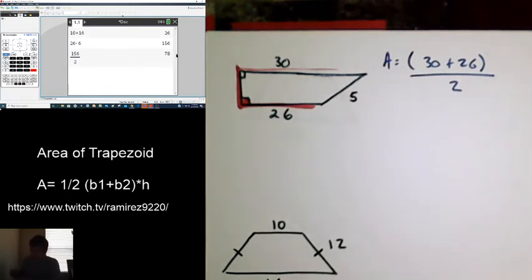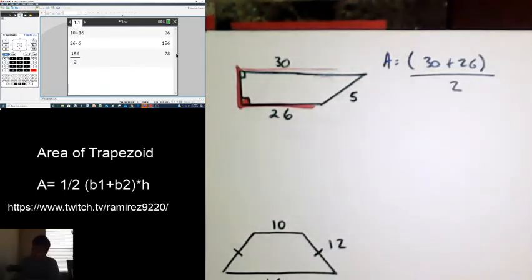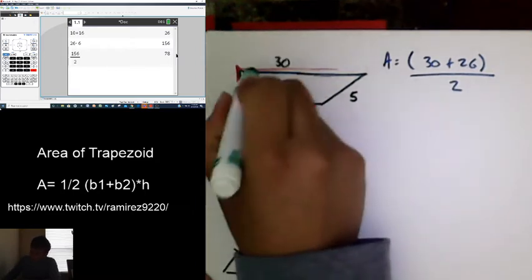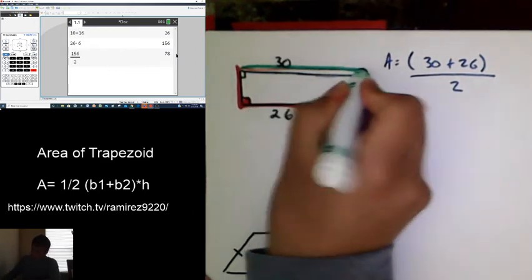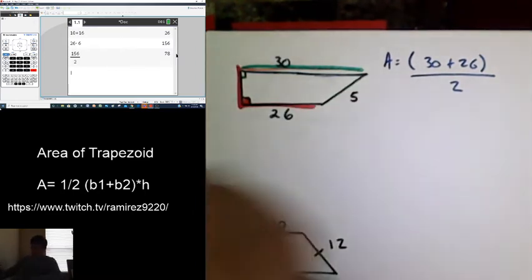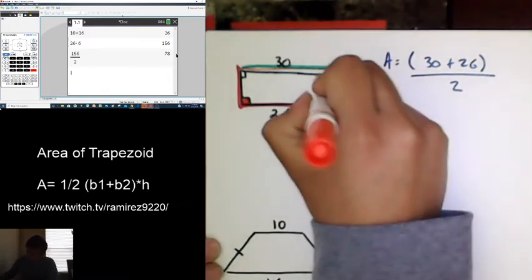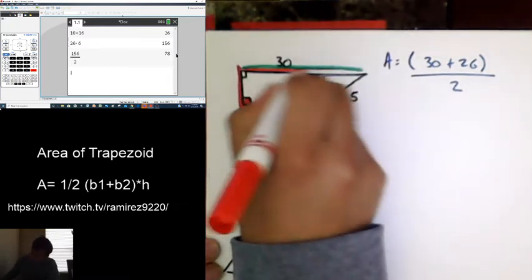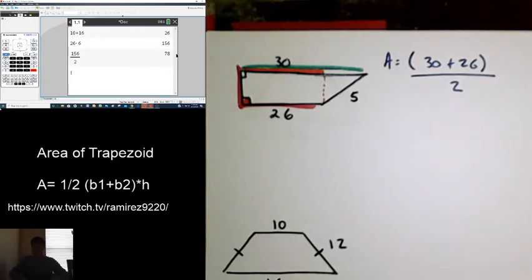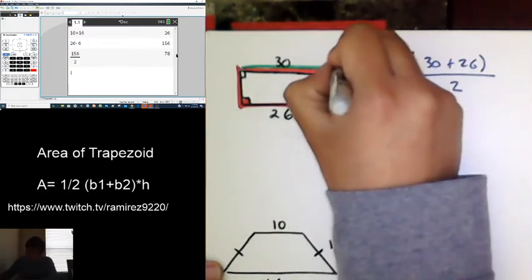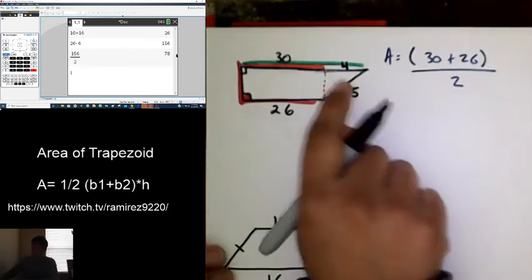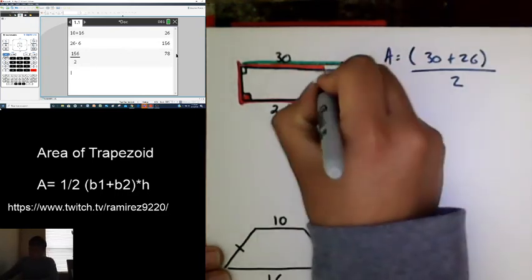Now here you have to do little problem solving. Notice how all of this is 30, but this is 26. So 30 minus 26 is 4. So I'm going to work with this triangle right here.